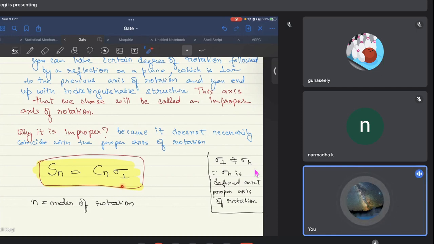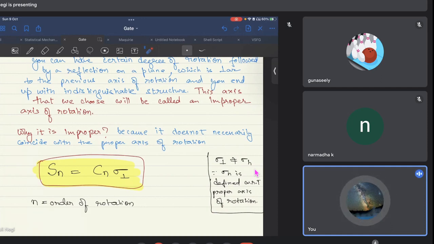Here, since we are not taking the axis of rotation as proper, because it does not give me an indistinguishable structure by itself, but we are taking any axis which does a little bit of rotation and then we do the reflection, I cannot use the sigma h notation here. I have made a point that sigma perpendicular is not equal to sigma h, because sigma h is defined with respect to the proper axis of rotation, if you go back in the video.